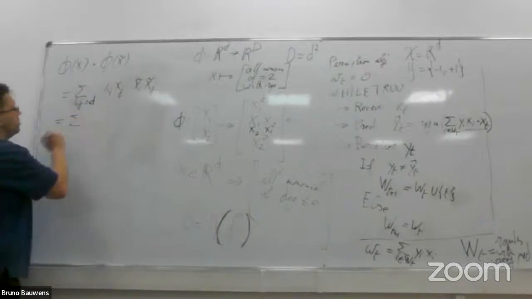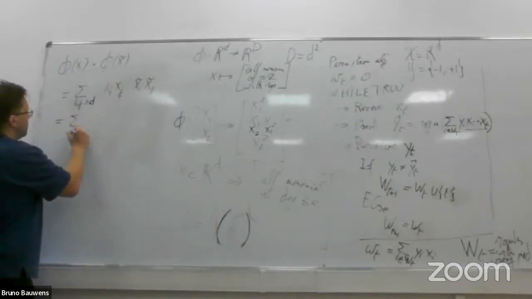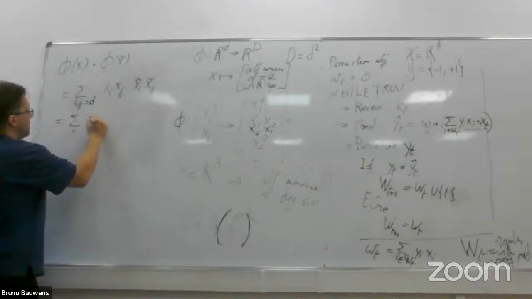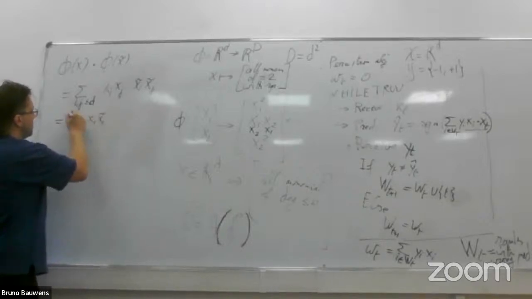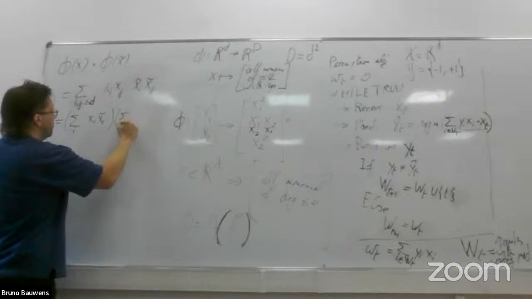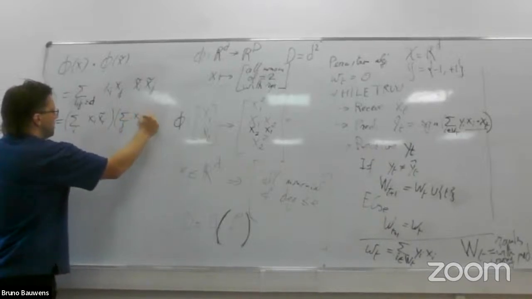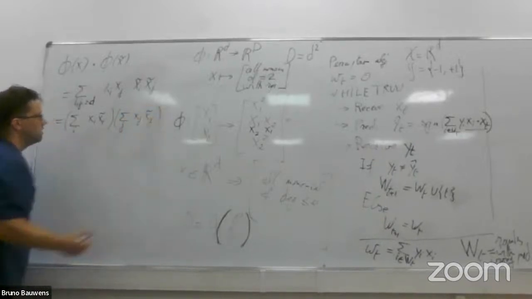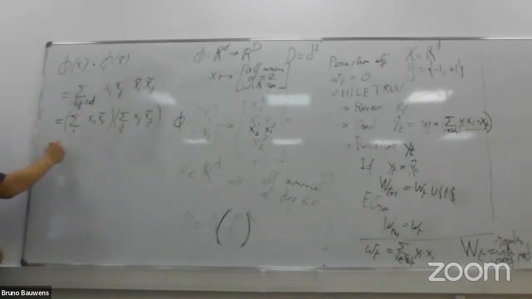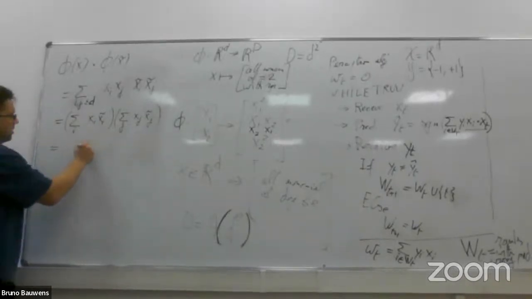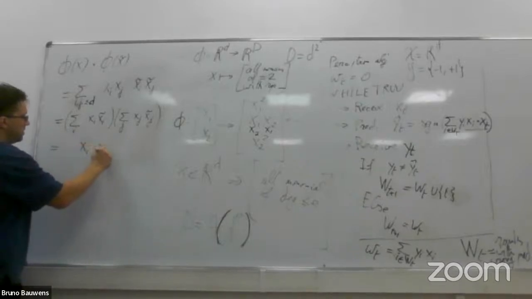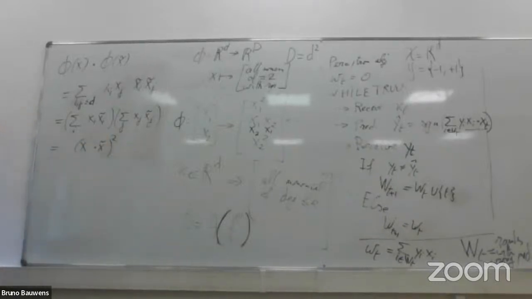And this is equal to the sum over i of x_i x tilde_i times the sum over j of x_j x tilde_j. So it's equal to x dot x tilde, squared. So this is for 2 dimensions.